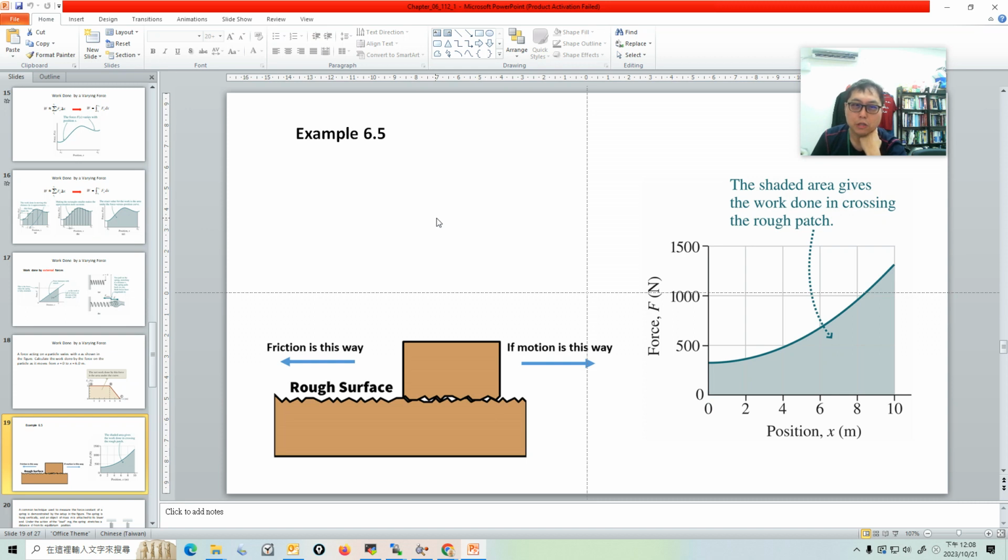You have to use integration, because the force function is more complicated. So I will do this example in the next video. I won't demonstrate this problem in this video.